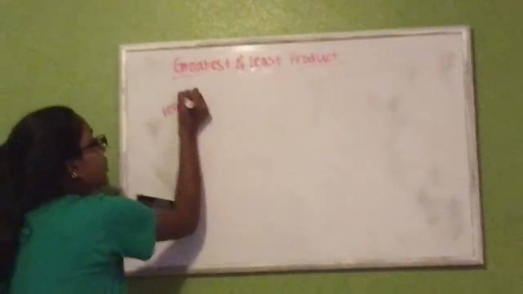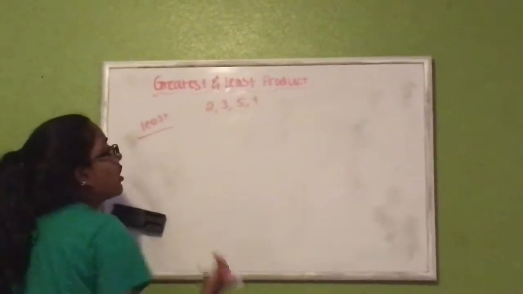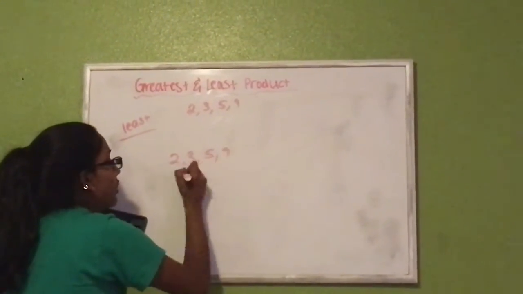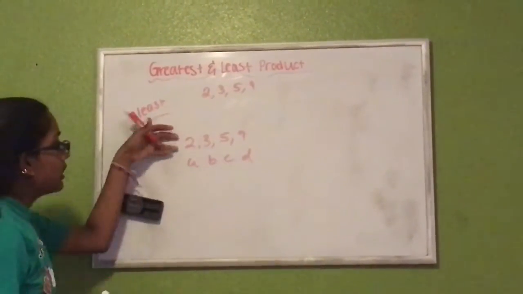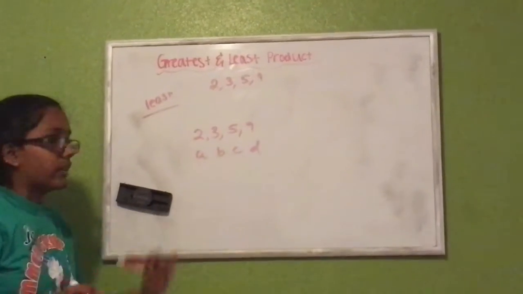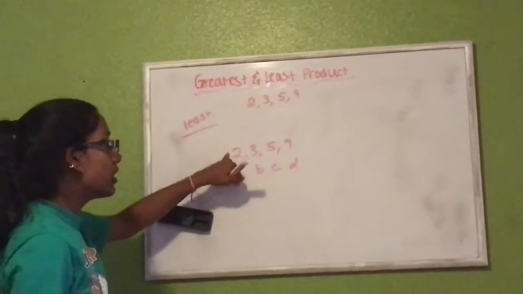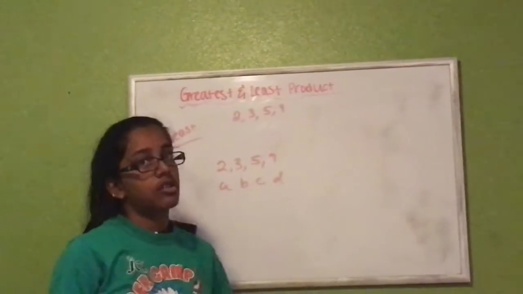Now we're going to try one last problem before we move on to the next topic. So if we want the least product given, this has already been ordered for you. So we're going to have 2, 3, 5, 9, A, B, C, D. Now, if you forget that it should be least to greatest, remember the order of the letters, A, B, C, D. We know that A is the first letter, so it's going to be with the smallest number, and D is the last of the four, so it's going to be with the largest.